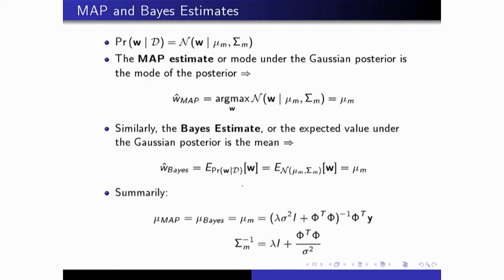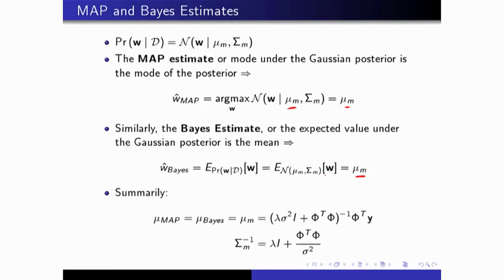So the MAP estimate for the Gaussian posterior is nothing but the mean of the posterior mu m. The Bayes estimate is the expected value of the weight vector under the posterior, and that again turns out to be mu m. That's the meaning of the mean of a Gaussian. It's just by virtue of the multivariate Gaussian being the posterior.